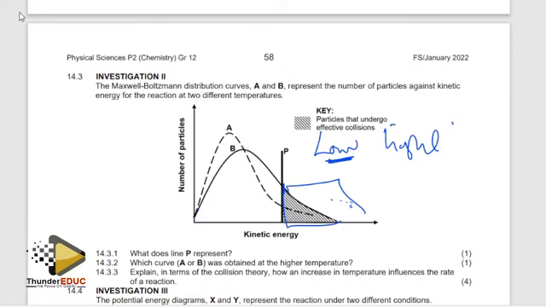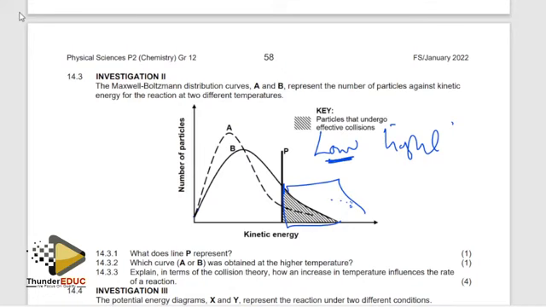So if they have higher kinetic energy, it means that you have more particles with sufficient energy, which will increase the rate of collision per unit time. The words per unit time, we need to see them. And then if the rate of collision is increased, then these must be effective collisions per unit time. And if it is increased, then the rate of reaction is going to increase.